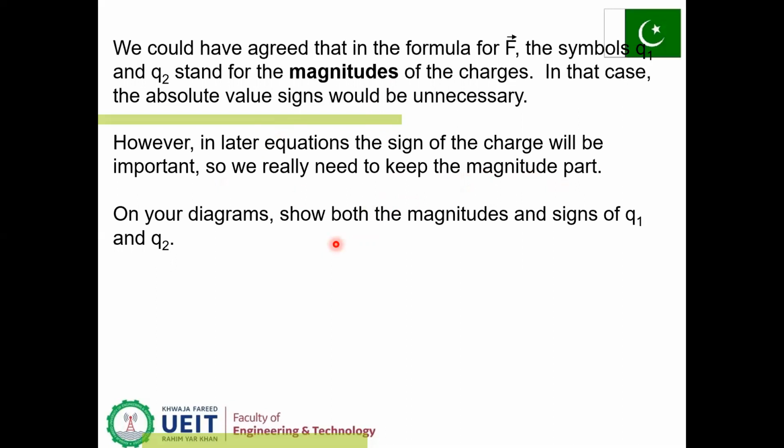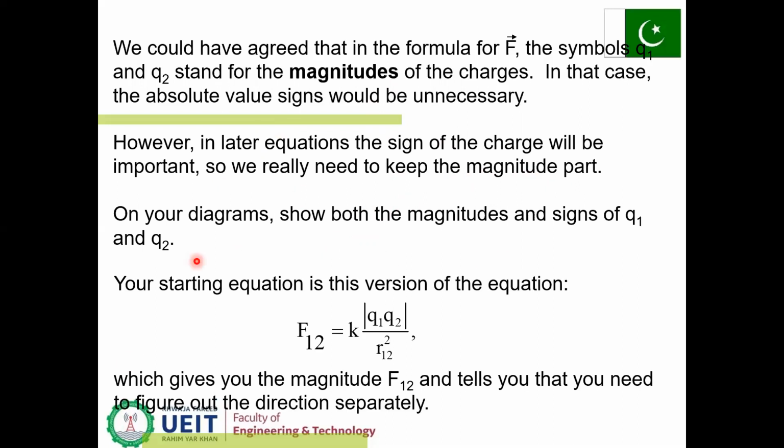Our diagrams show both the magnitudes and Q1, Q2. Your starting equation will be Coulomb's law: F12 is equal to K times the magnitudes of Q1 and Q2 over R12 squared, which gives you the magnitude F12 and tells you that you need to figure out the direction separately.